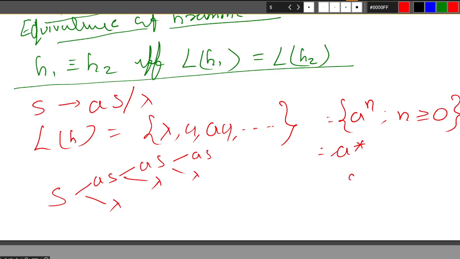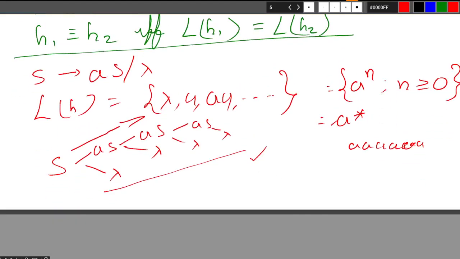If you want to generate multiple a's, you can keep going in this direction, and in the last step whatever S remains will be replaced by lambda. So that is how it goes on. This is a kind of derivation tree.